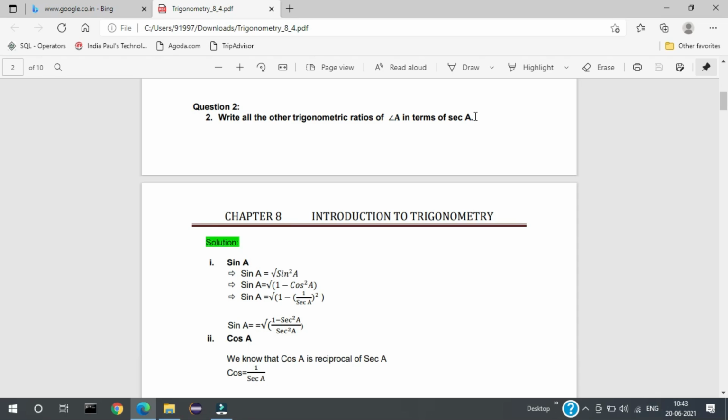Sin A, cos A, tan A, cosecant A, secant A and cot A.